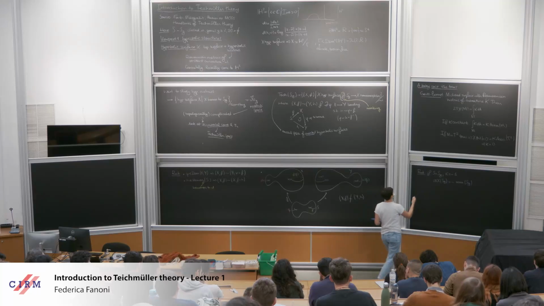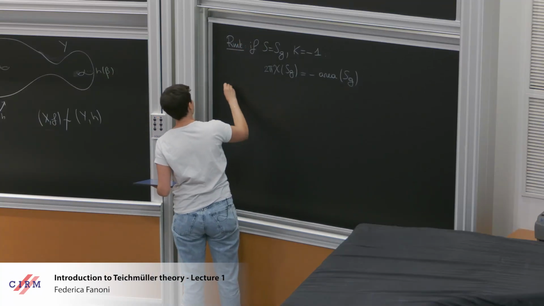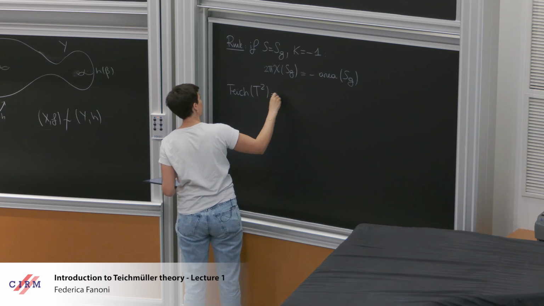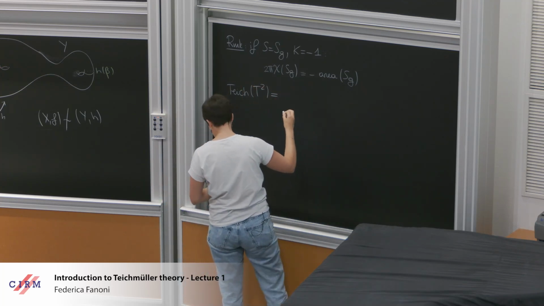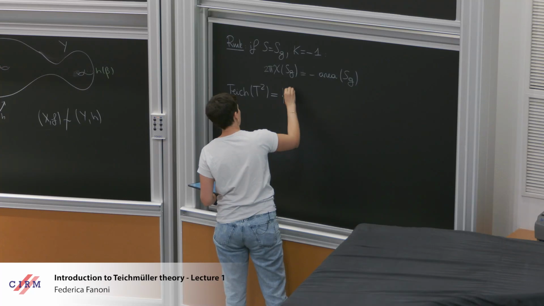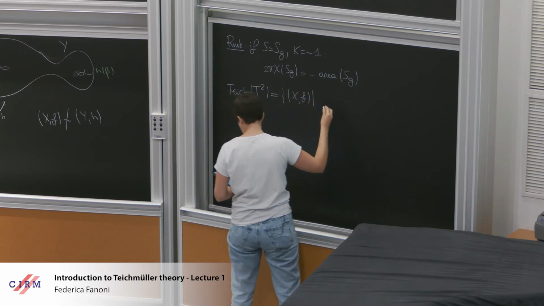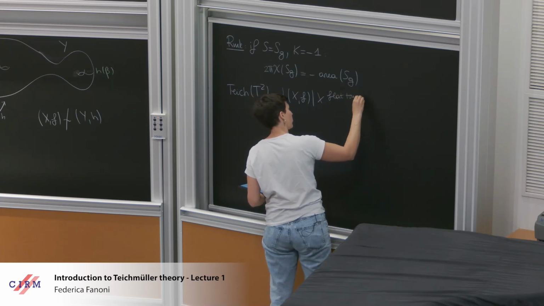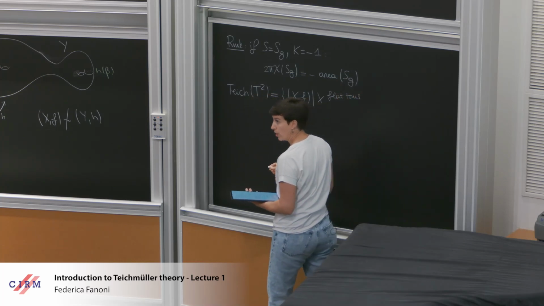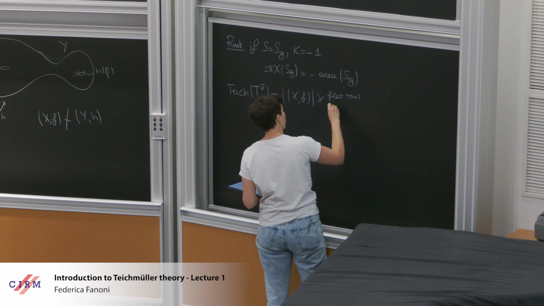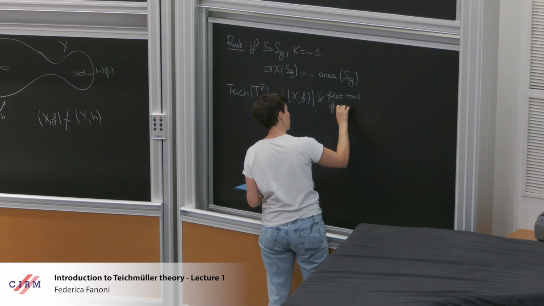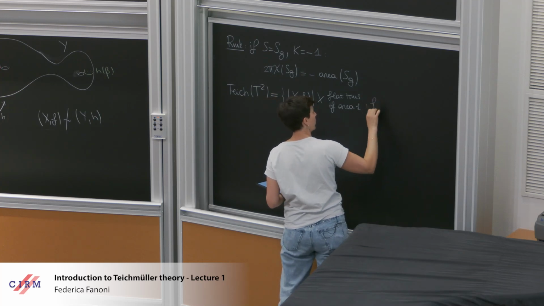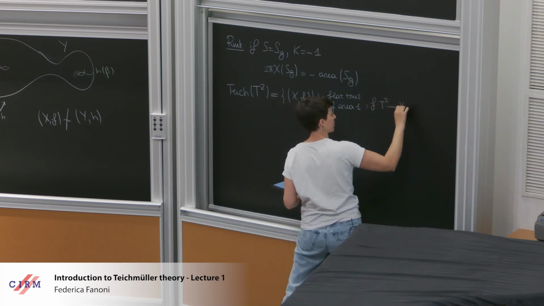Okay, so for the torus, I'm going to say that Teichmüller space, this is the analysis of that one in this setup. It's the set of, again, pairs (X, f), where X is a flat torus, so a torus with a constant 0 curvature Riemannian metric of area 1. And then f from my fixed torus to X is a homeomorphism.